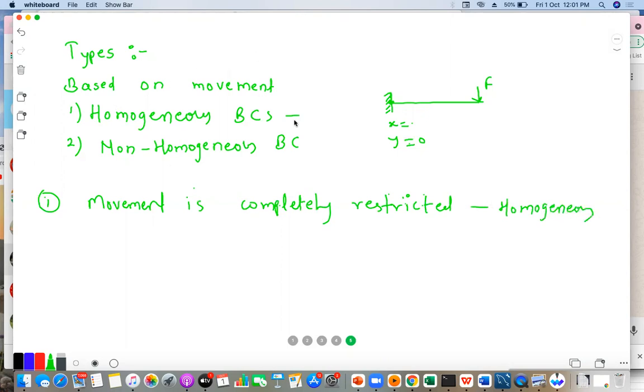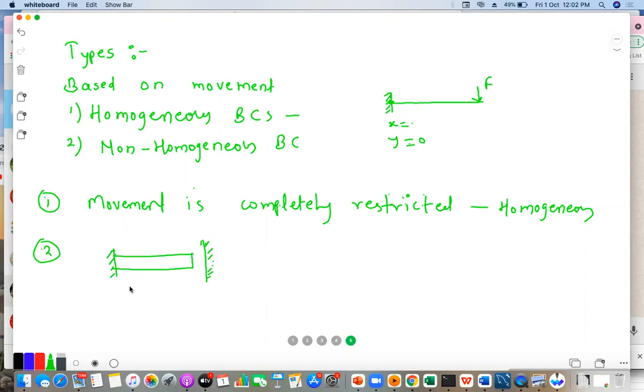These boundary conditions are based on the displacement or the slopes. So like movements. If it is completely constrained, that is homogeneous. Let us say second example. If I have a simple bar, and here I have another wall, okay.